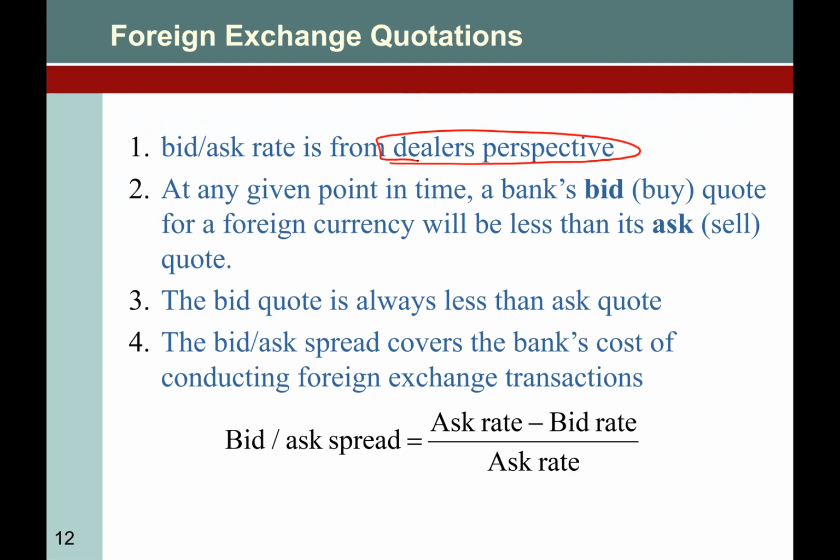Remember, if the rate is given to you, even though you are a buyer, read that rate from the dealer's perspective, the seller's perspective. One rate is called bid, the other is called ask. If you don't understand, I'm just going to give you a hint.